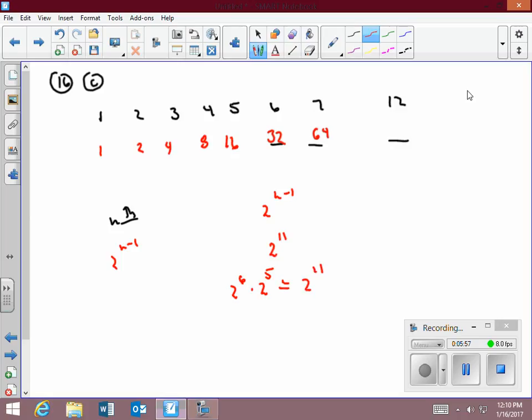It'd be 2 to the 6th and 2 to the 5th. So this is 2 to the 6th and this is 2 to the 5th. So it's 32 times 64. Okay. I forgot about that rule. Yeah, sum of your exponents.